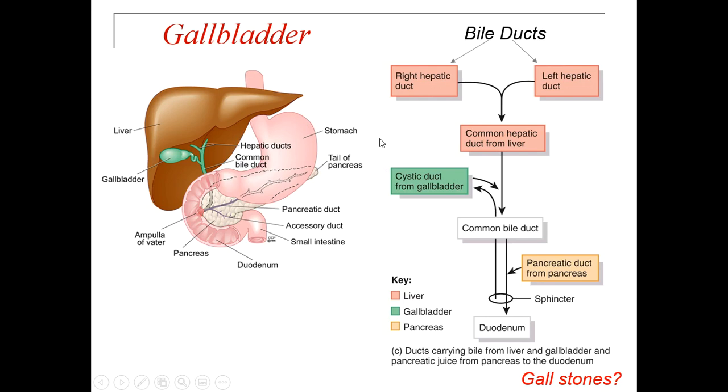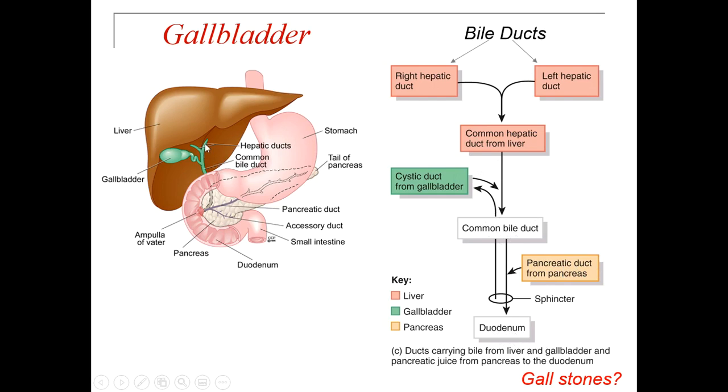Now, once we get into the bile duct, what is the actual course of how our bile then gets into the duodenum? We can see the common bile duct. This is what is going to join with the pancreatic duct to eventually feed into the duodenum.